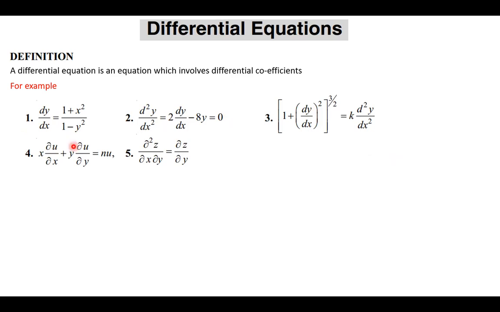I'm going to explain what the order is and what the degree is. So here we also have dy dx. These are partial differential equations because we have partial differential coefficients there. Even this one is just the same. So that's what a differential equation is.